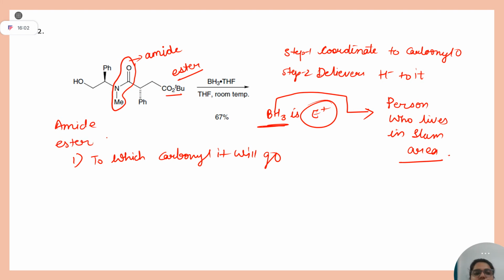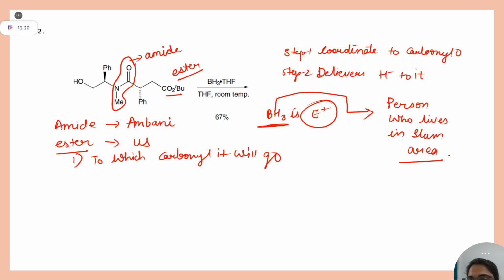Both are rich in their own way, but amide is rich in a way that it is Ambani. In terms of electrons, this can be directly related to our money. Ester is also rich, but lesser than Ambani. So which personality can I write here? For example, us. We are not that rich, but lesser than Ambani.